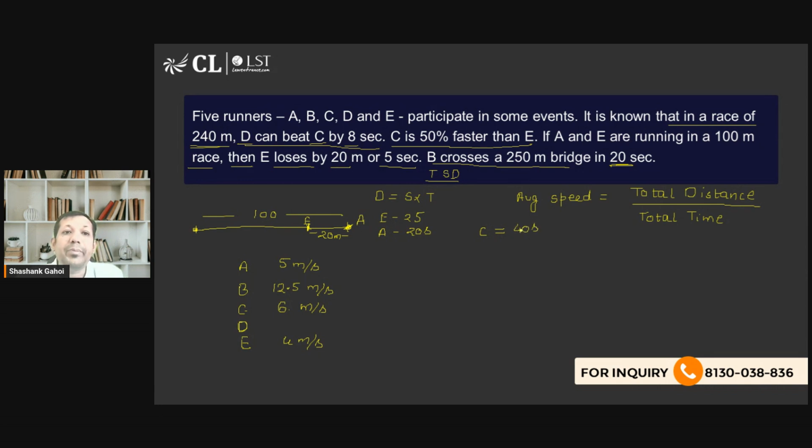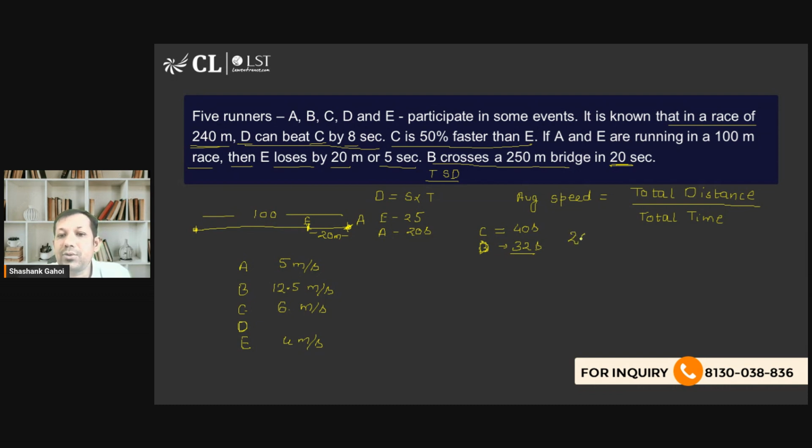Now D is beating C by 8 seconds. It means D is going to cover the same distance in 32 seconds, because if D is beating C, it means D is faster than C. Faster by how much? 8 seconds.